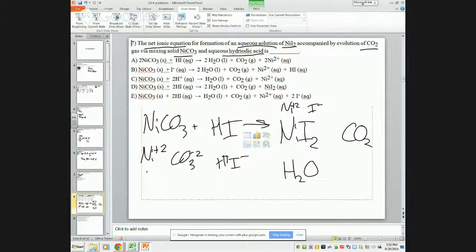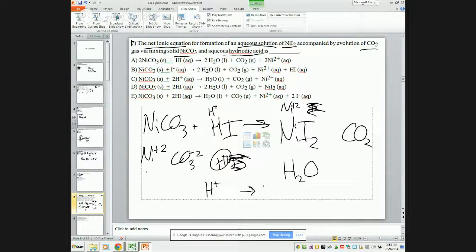Well, what doesn't change? Well, I know I got I minus on both sides, so that's what we call a spectator ion, right? I got H plus on one side, but then it ends up in a molecule, so we know that that's going to stay. We're going to have H plus.